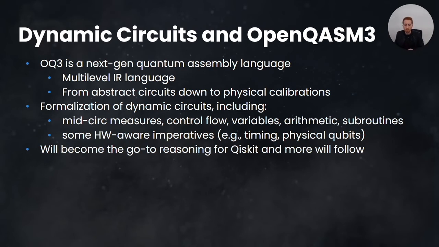It has both the high-level constructs that we talked about, the mid-circuit measurement, for example, subroutines, real-time functions, and also some hardware-aware imperatives, for example, timing, which again, the circuit model doesn't concern itself with. This will become the go-to language for Qiskit, and I'm sure more will follow, as they adopted OpenQASM 2.